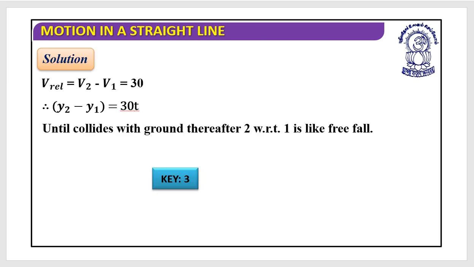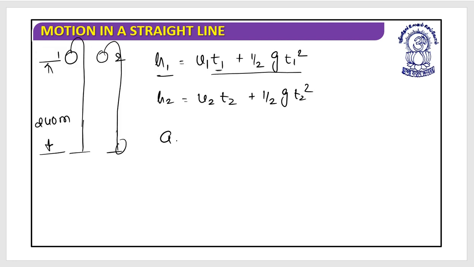One of them has been thrown with 40, another with 10. So their relative velocity would be 40 minus 10, which is 30. And y2 minus y1, the separation between these two, because both are traveling with half g t square. So their relative acceleration would be half g t square minus half g t square, and that would be 0.